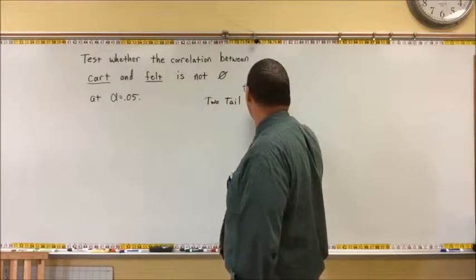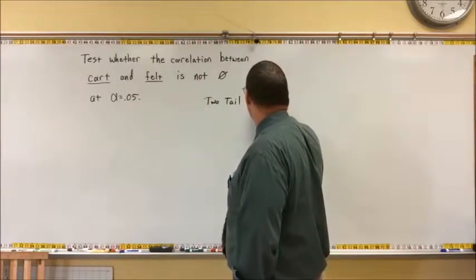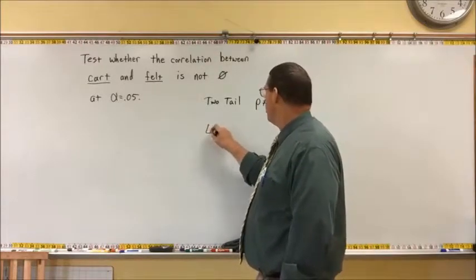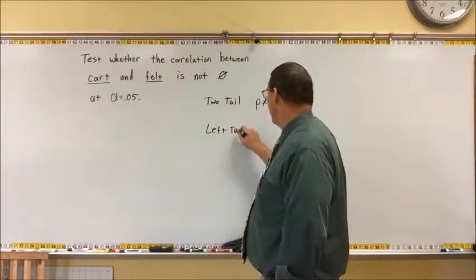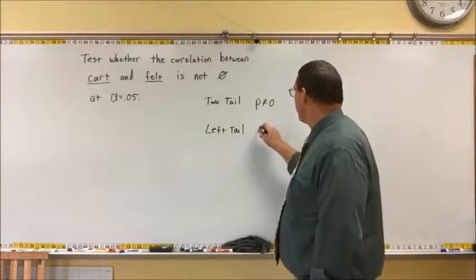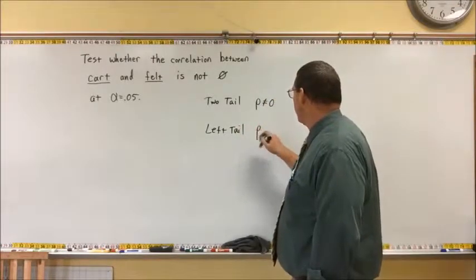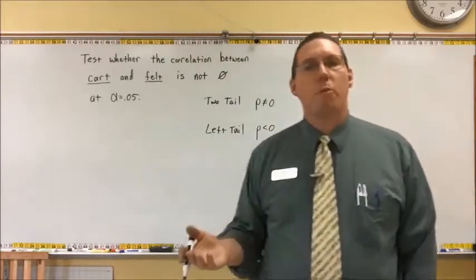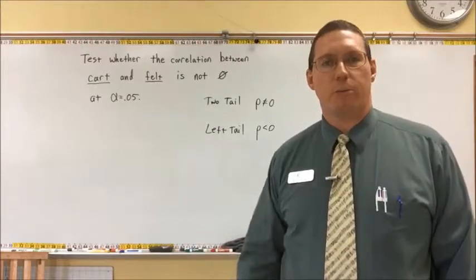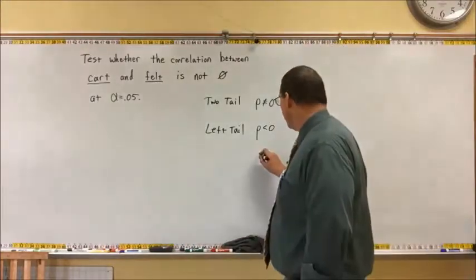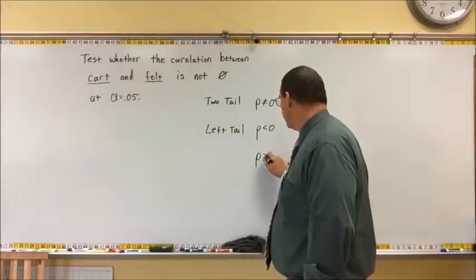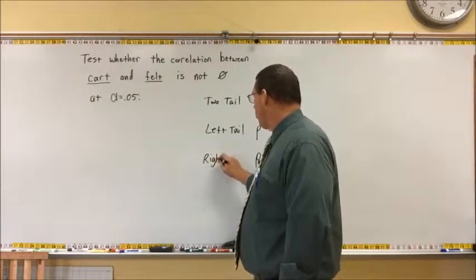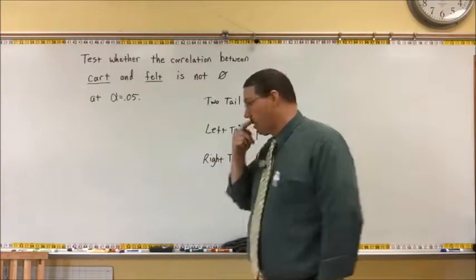Two-tail is when you're testing whether the correlation is not 0. Or you can do a left tail test, which is when you're testing whether the correlation is negative. Is it less than 0? That's where you'll be asked to test whether there is a negative correlation between these two variables. Similarly, you can test whether the correlation is positive, and that would be a right tail test.